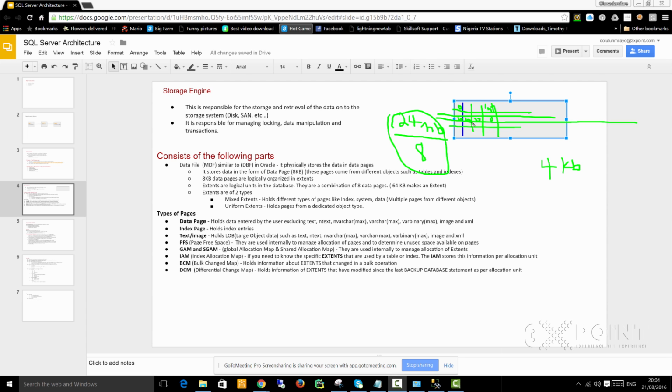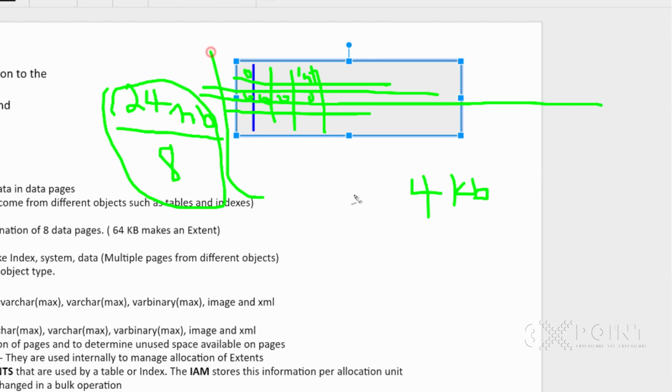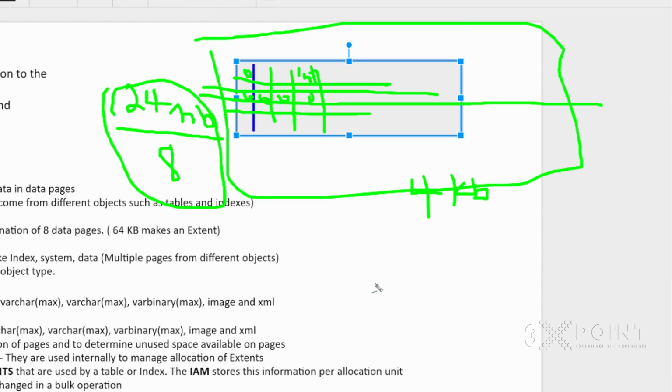So SQL Server stores each record that you insert as pages. You can imagine if you have a table that is, let's say, 100 gig inside, which is a lot more than megabytes, divide that by 8 KB, and that will tell you how many pages you would have.